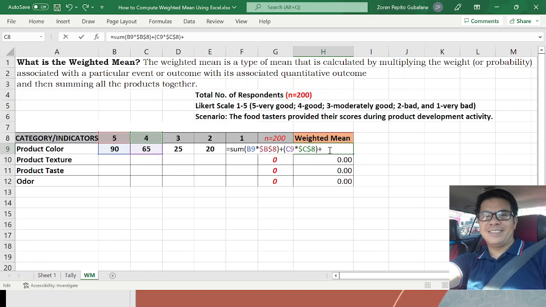Moving on to the combination 25 and scale 3. So 25 multiplied by 3, close, and indicate the dollar sign there.